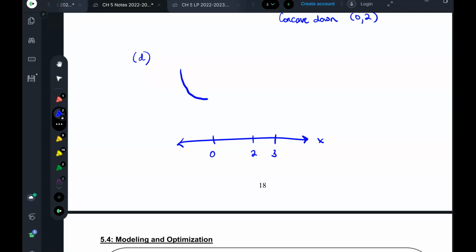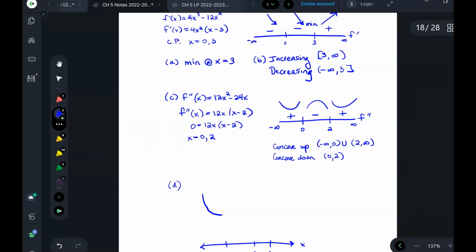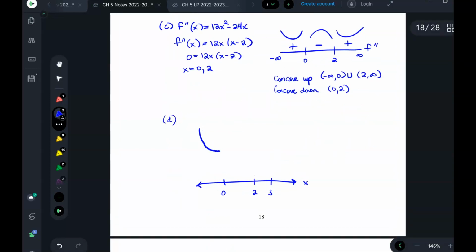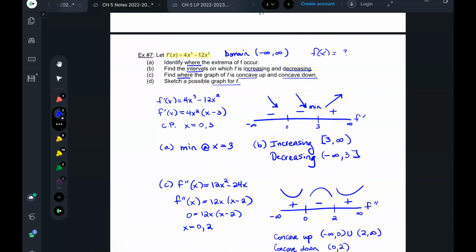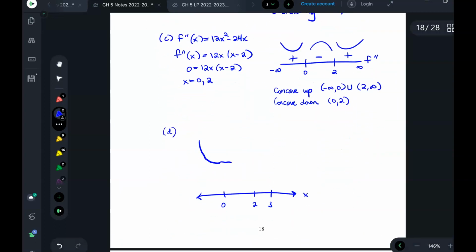Okay? Then what do I want to do? I want to make it concave down and decreasing until I get to 3. Well, I'm still decreasing until I get to 3. You're right. It's going to be concave down to 2. And then at 2, it becomes concave up. 3 is a minimum.